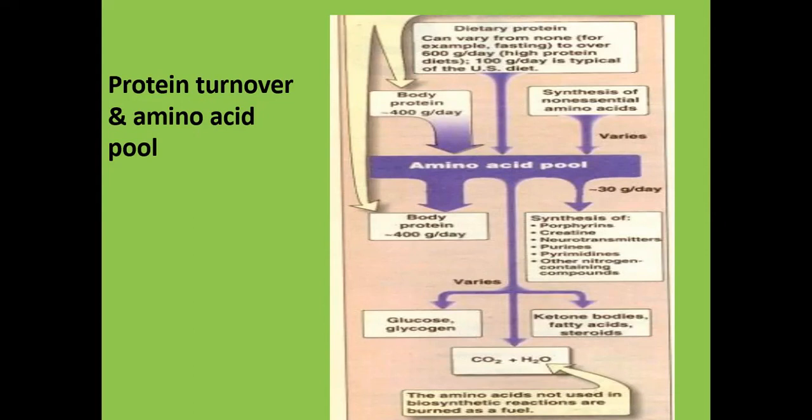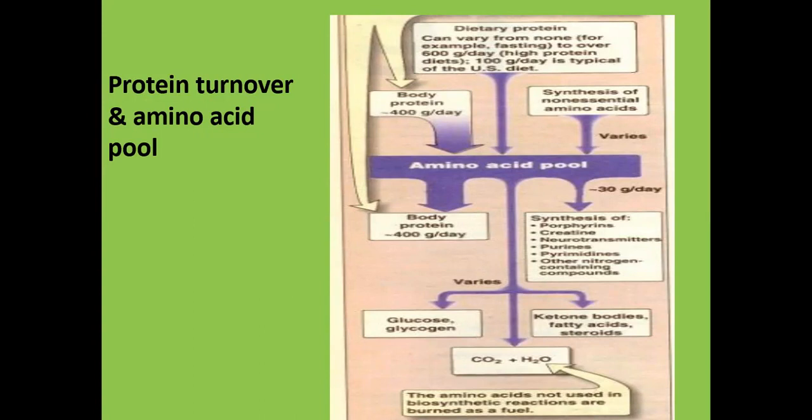So these non-essential amino acids, when they are synthesized in our body, join the amino acid pool in the body. So in this way, there are approximately 100 grams of amino acids in the amino acid pool of the body. And these amino acids from the amino acid pool are then utilized.